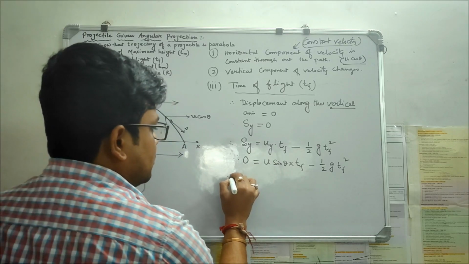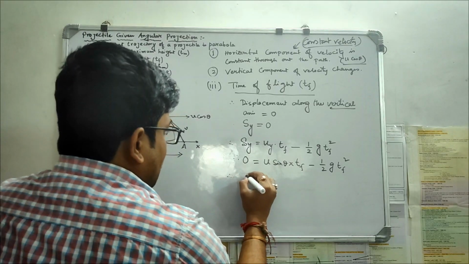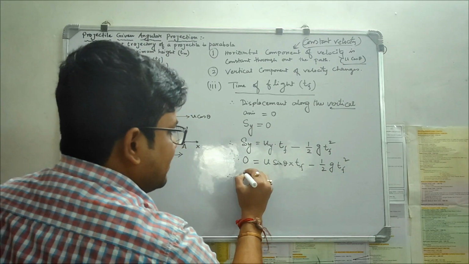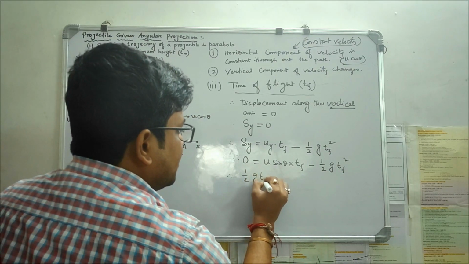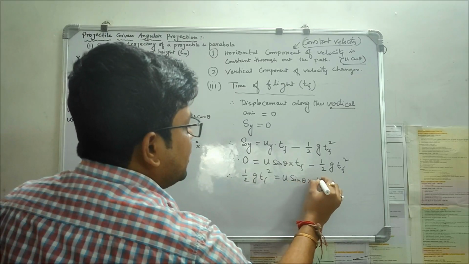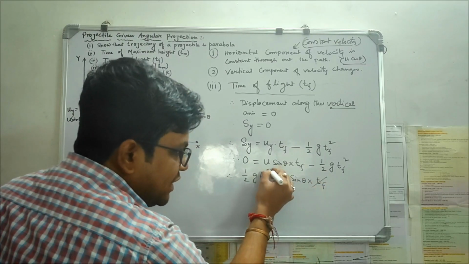Now from here, I am taking this minus half G TF square to the other side, so half G TF square equals U sin theta into TF. Ek TF cancel ho gaya.